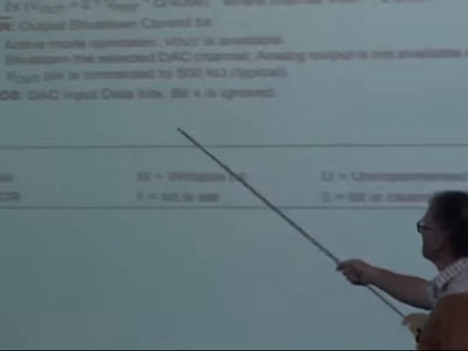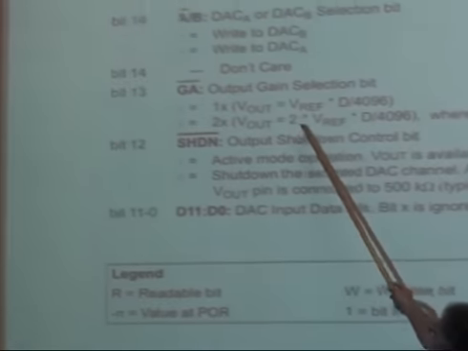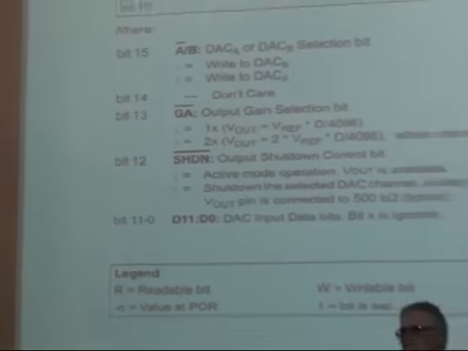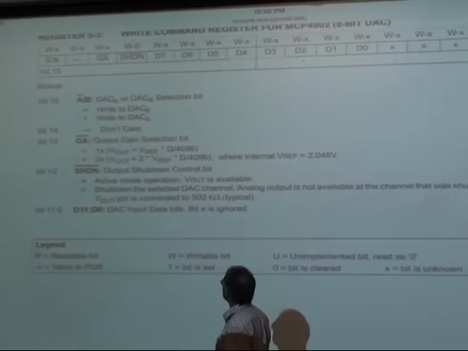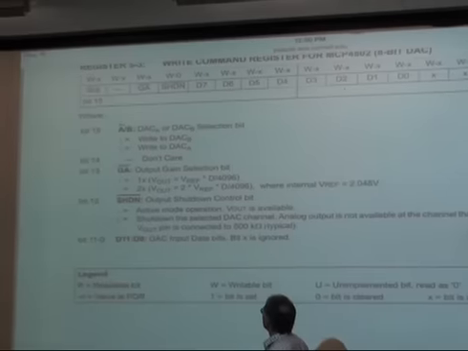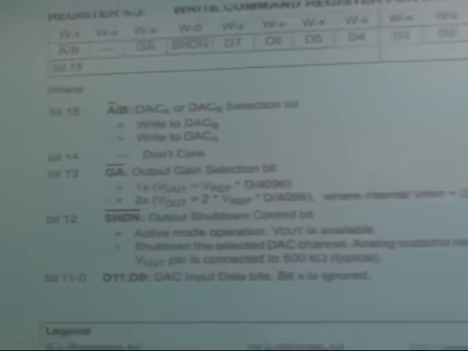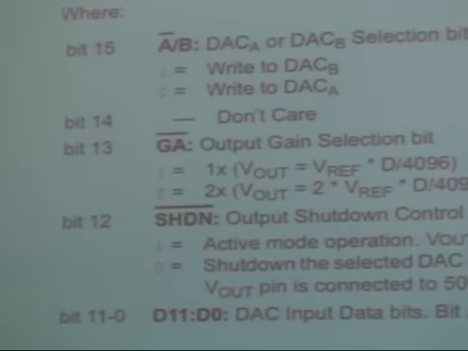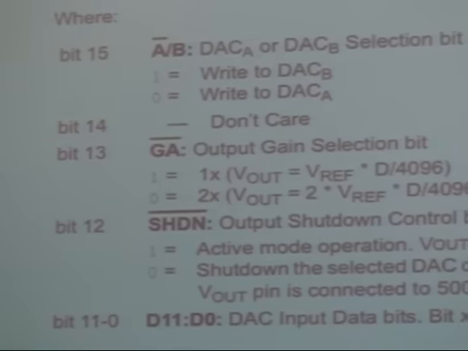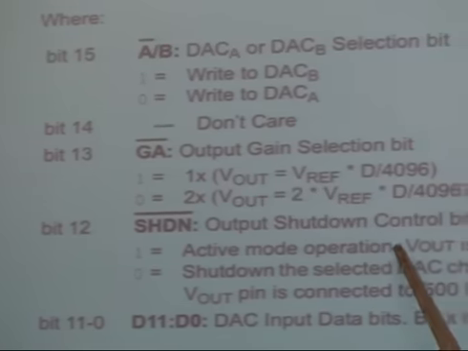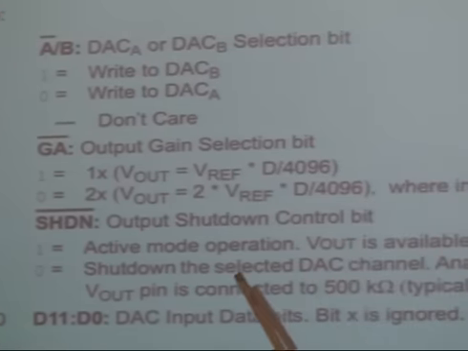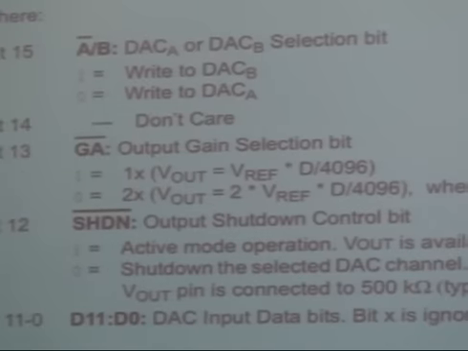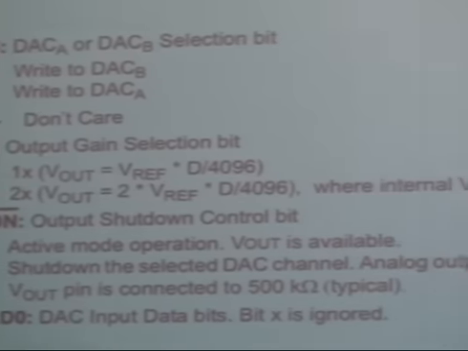The second bit is don't care. The third bit is gain of 1 or gain of 2. I don't think you can use a gain of 2 with the voltages we're doing here, so don't turn that on. And shutdown, you want it in active mode. If you put it in shutdown mode, nothing appears on the output.